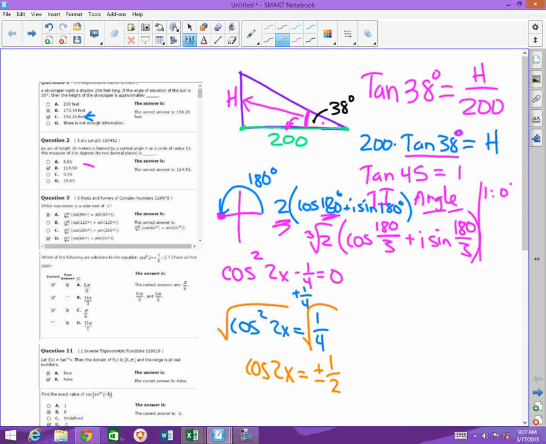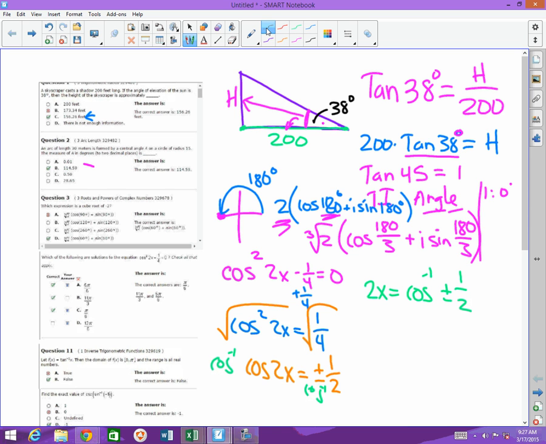And then the next thing you have to do is the inverse cosine. To get rid of cosine, you have to do inverse cosine. And so then you have 2x equals inverse cosine of plus and minus 1/2. And then at this point, now you should figure out what that is.